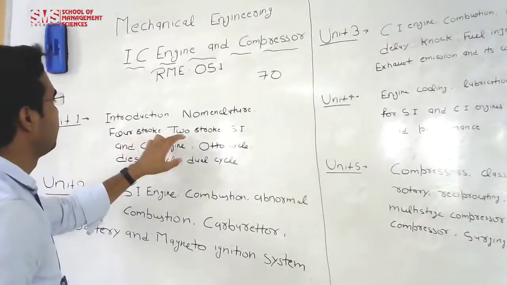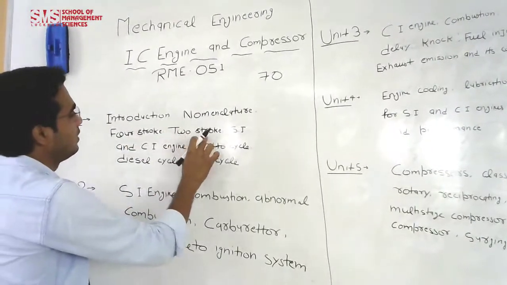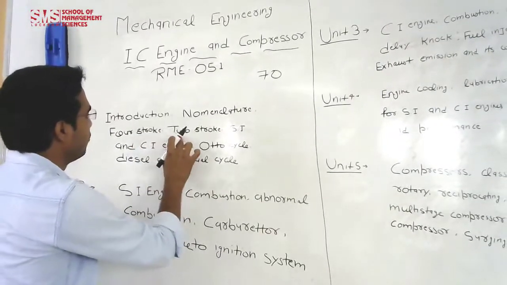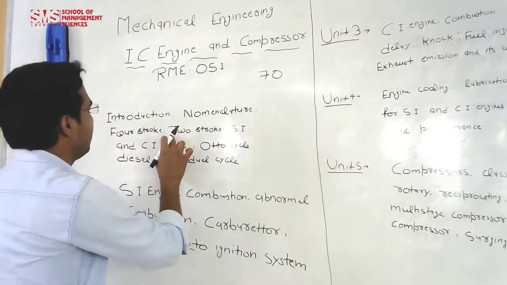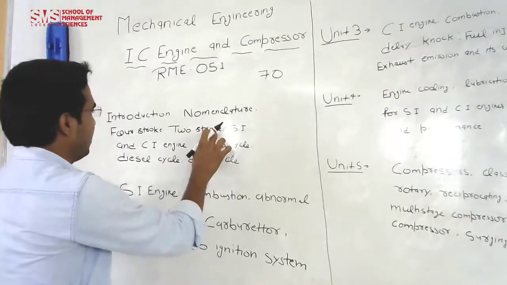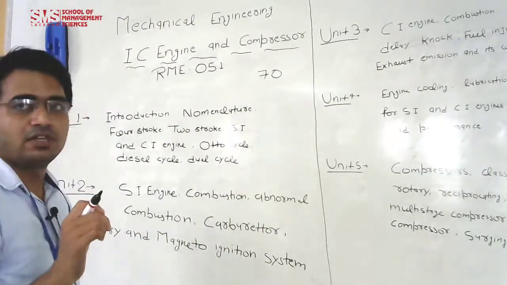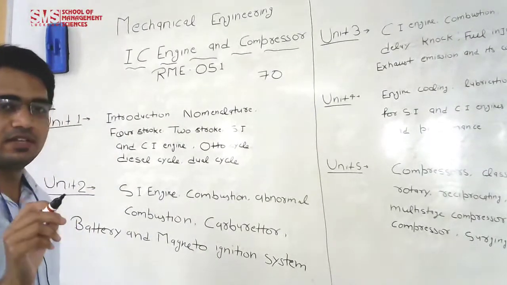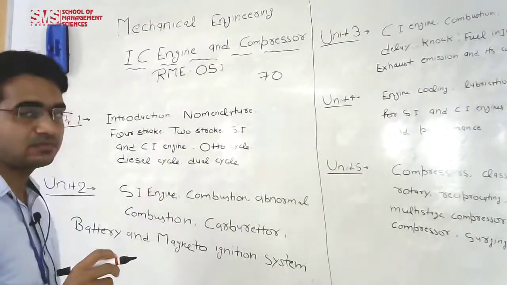4-stroke engine, 2-stroke engine. Here you will mainly study the difference between 4-stroke and 2-stroke engine. This is very important from an exam point of view, and the question will directly come in your exam: what is the difference between 4 and 2-stroke engine.